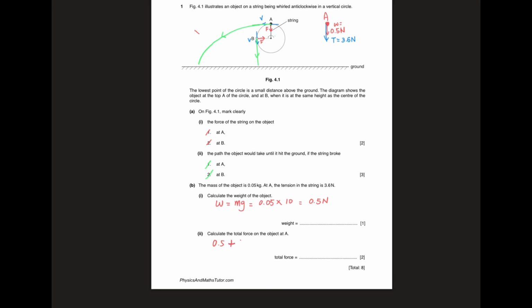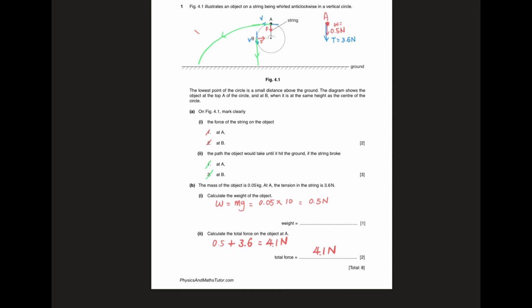Okay, you look at the pictures to understand it. 0.5 plus 3.6 equal to 4.1 Newton. So that is how we understand the question related to centripetal force.